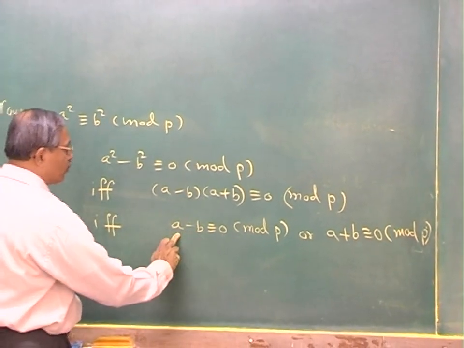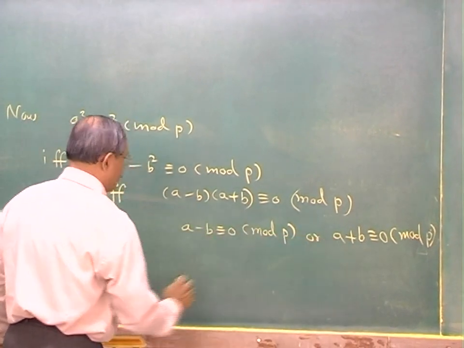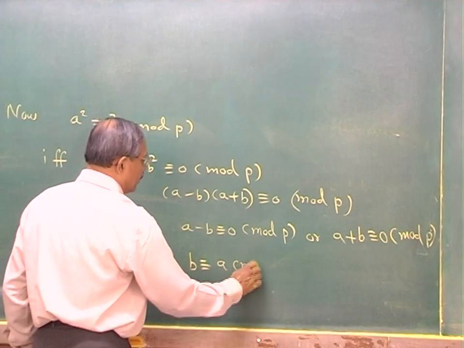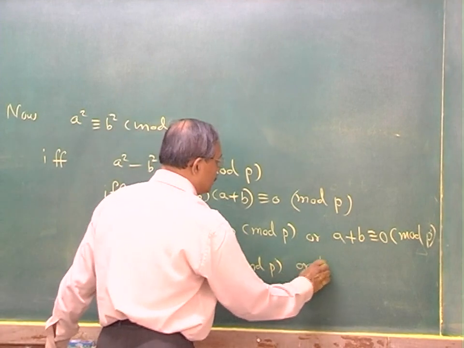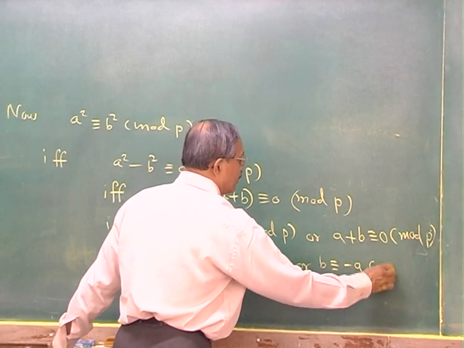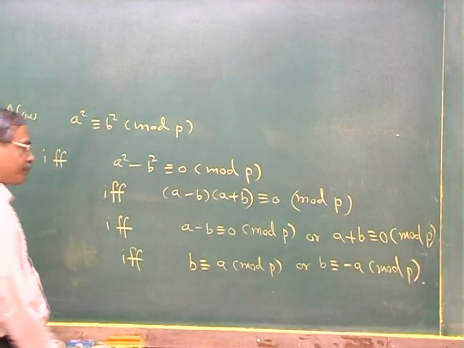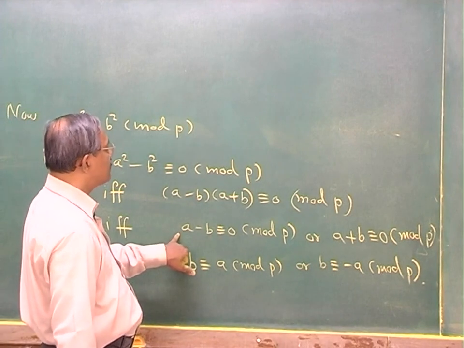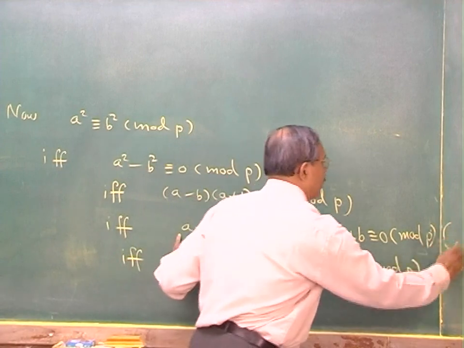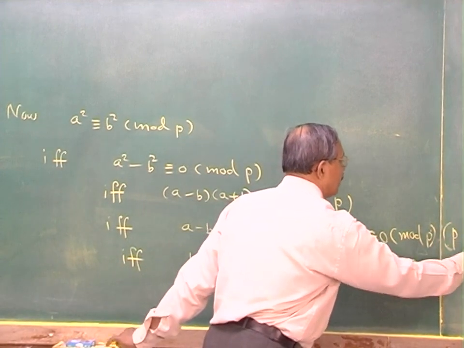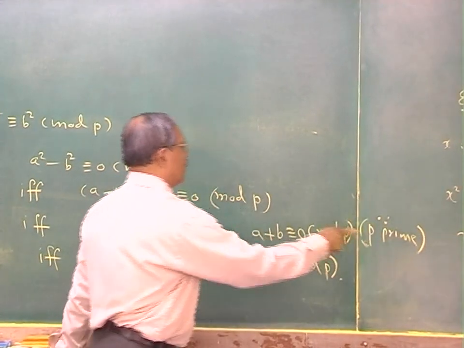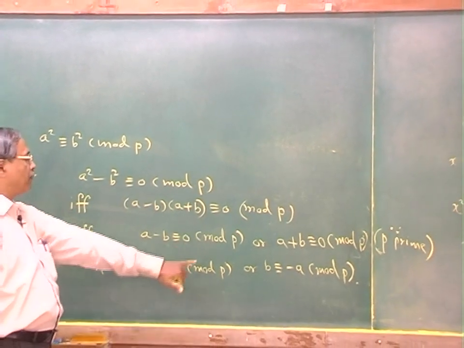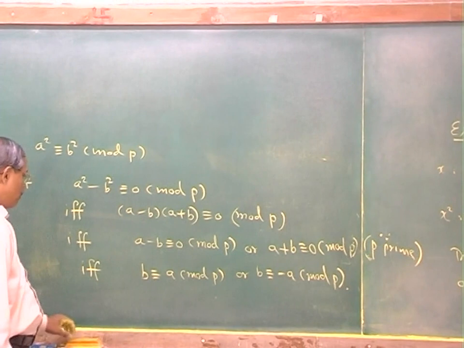And this means b congruent to a and this means b congruent to minus a mod p. Here we have used that p is prime in this step. That's why either this is true or this is true. So b can be either a mod p or b congruent to minus a mod p.